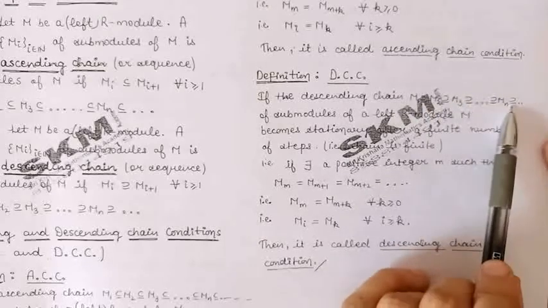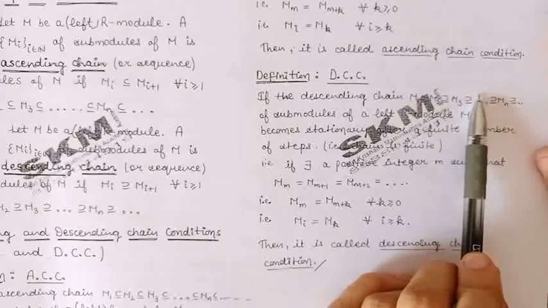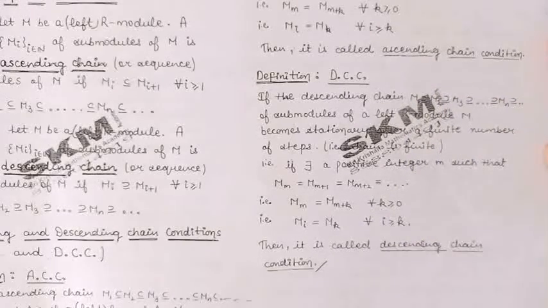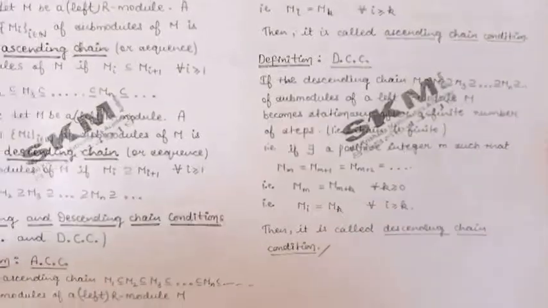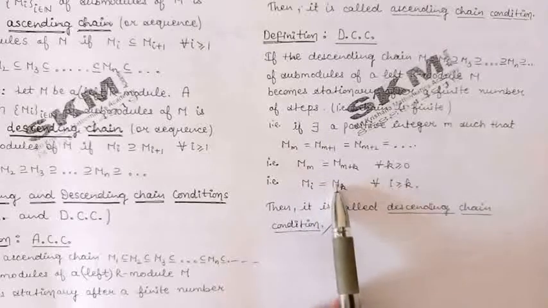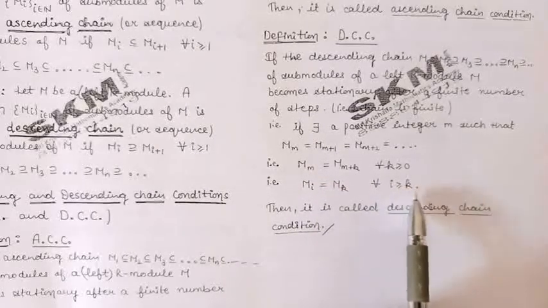This is a descending chain of submodules of M. If this chain becomes stationary after a finite number of steps, then it is called the descending chain condition. Means we can say that each Mi is equal to Mk for every i which is greater than or equal to k.